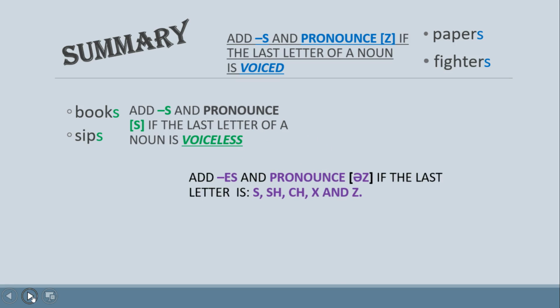And lastly, you add ES and pronounce əz if the last letter is one of these: S, SH, sh, CH, like ch, X, and Z. So if you have a bush, you'll say bushes, and if you have a word peach, you'll add ES and you'll get peaches.